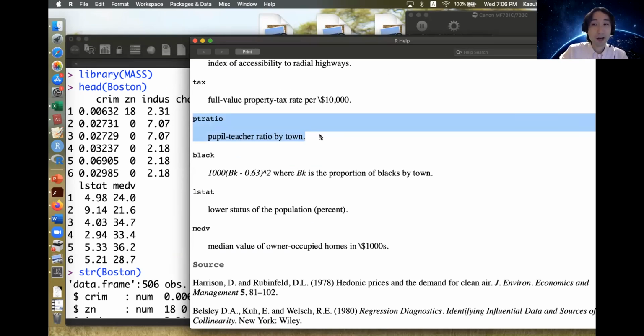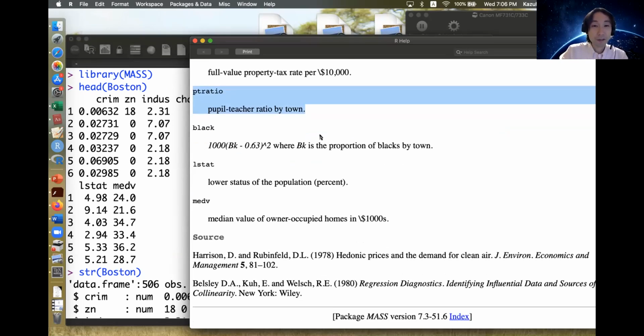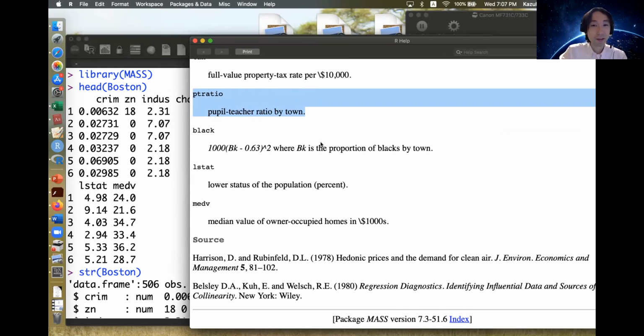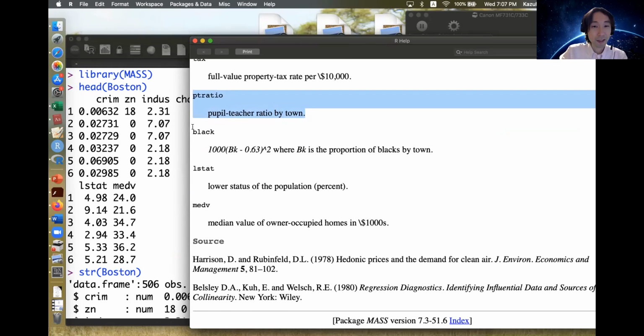So this is also a hard to interpret variable. If this is higher, that means it's bad because we have fewer teachers, but also the popular towns have a higher pupil-teacher ratio. So the interpretation is not clear. Black, this is the proportion of black residents by town. This is a complicated formula, 1000 times the proportion minus 0.63 squared.